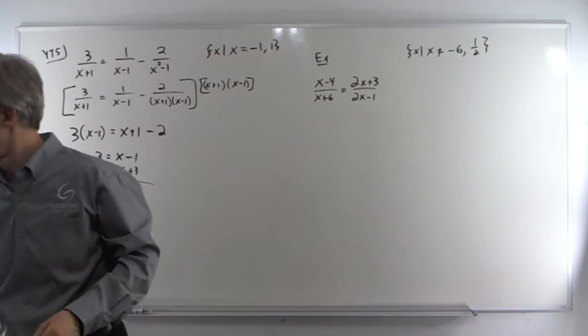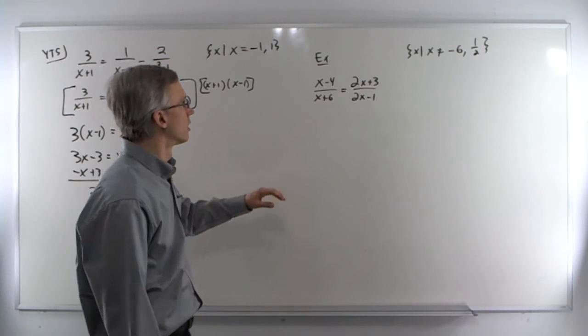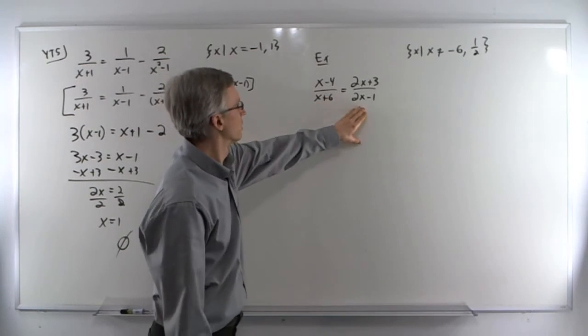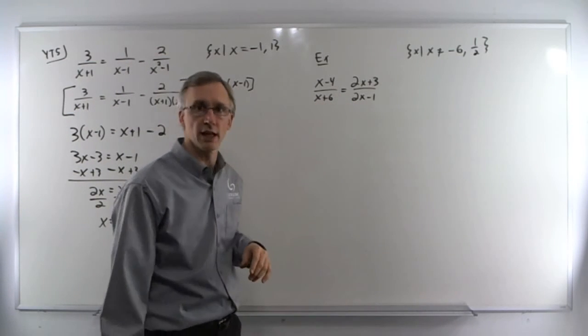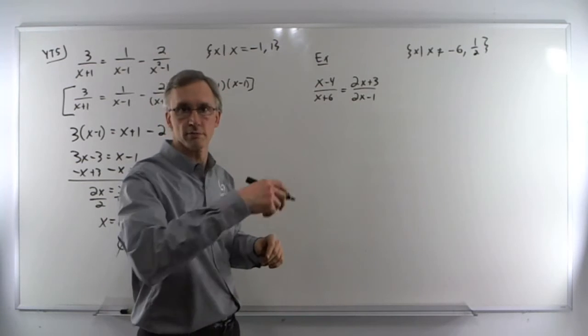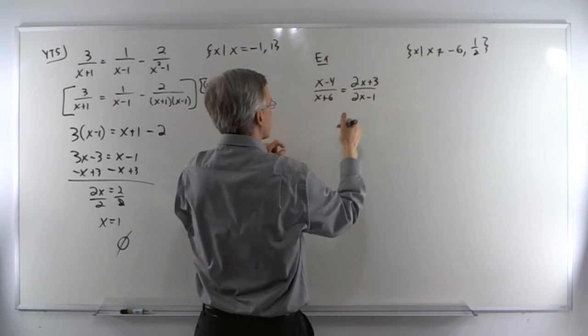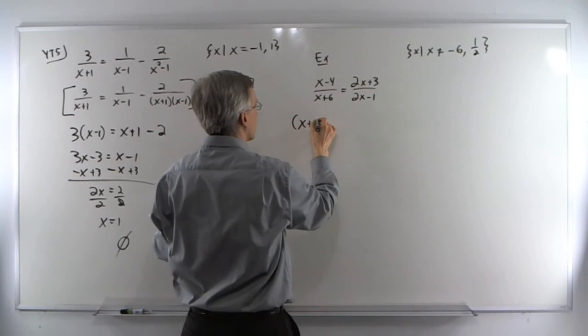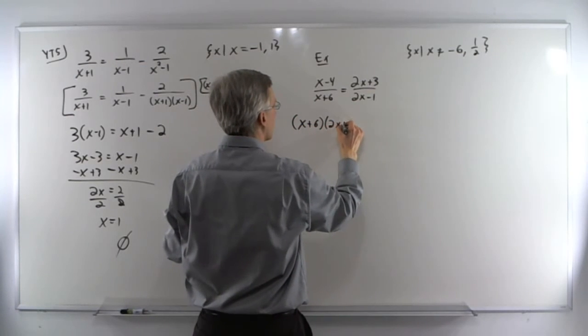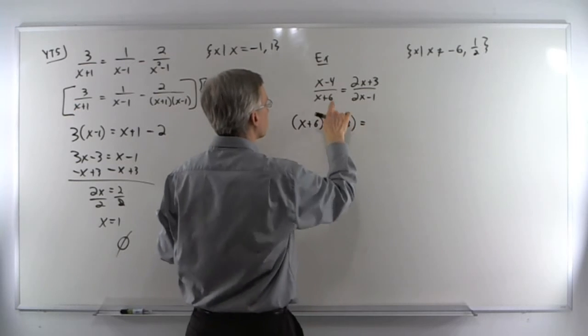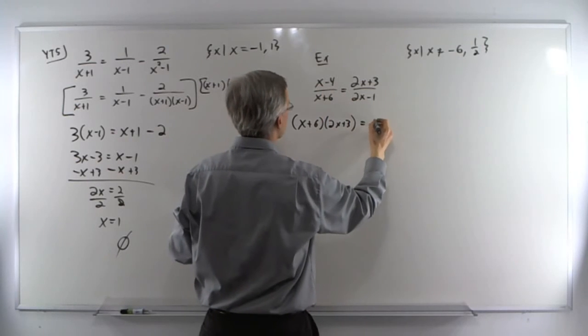Now, just like any other equation where we've got two fractions set equal to each other, we can just cross multiply. All right, so I'm going to do x plus 6 times 2x plus 3 equals x minus 4 times 2x minus 1.